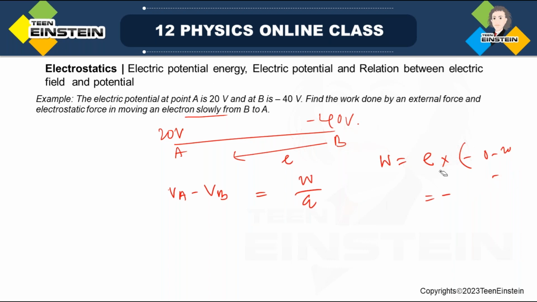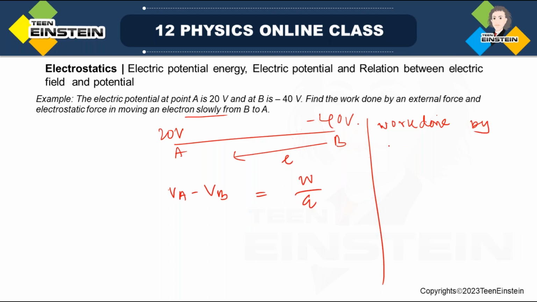Let me modify this a little bit. So the work done by external force is W equals Q0 into VA minus VB.